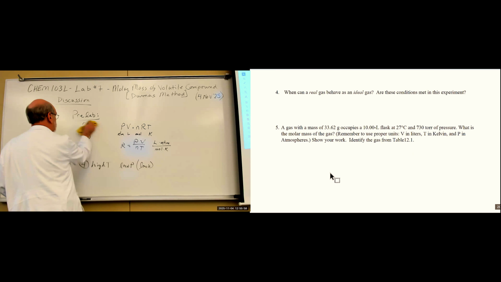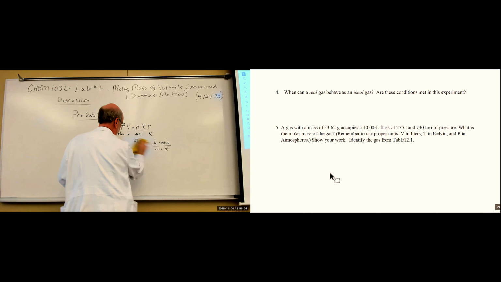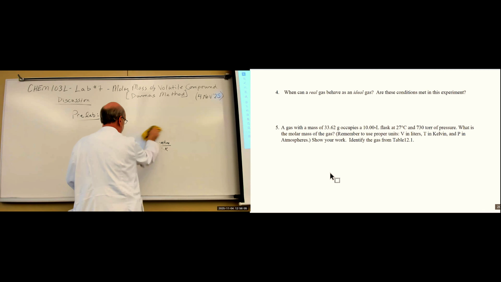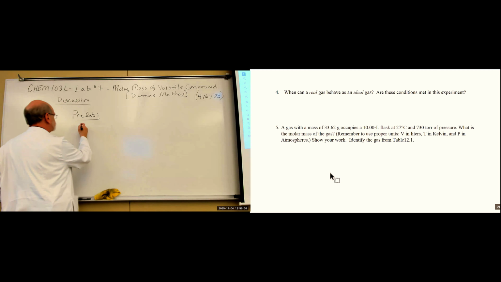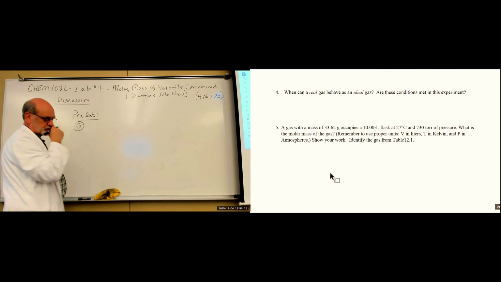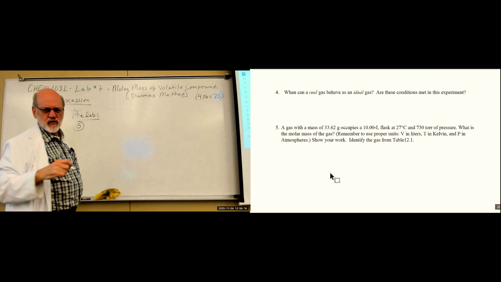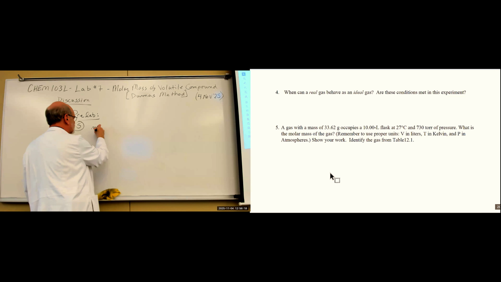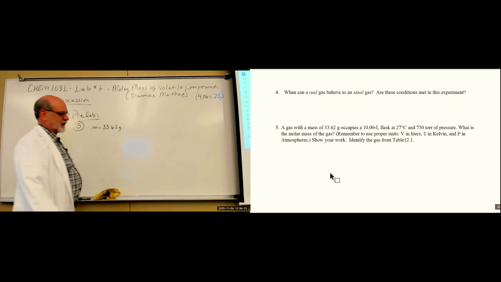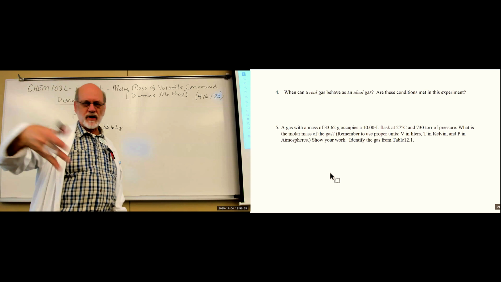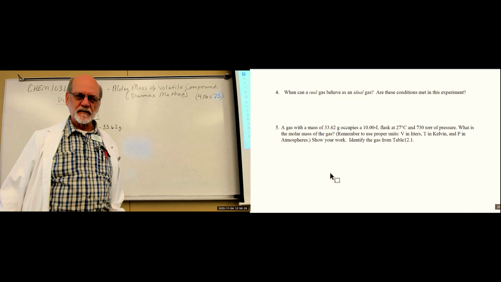And 5. A gas with a mass of 33.62 grams. Mass of the gas is 33.62 grams. I guess they went through that process, weighing the flask and then weighing it after.